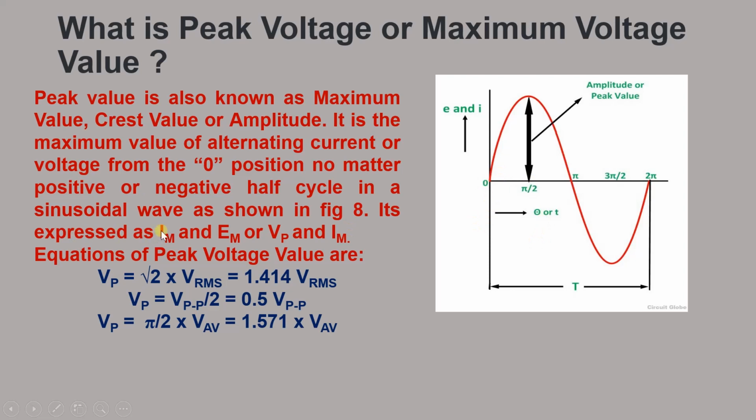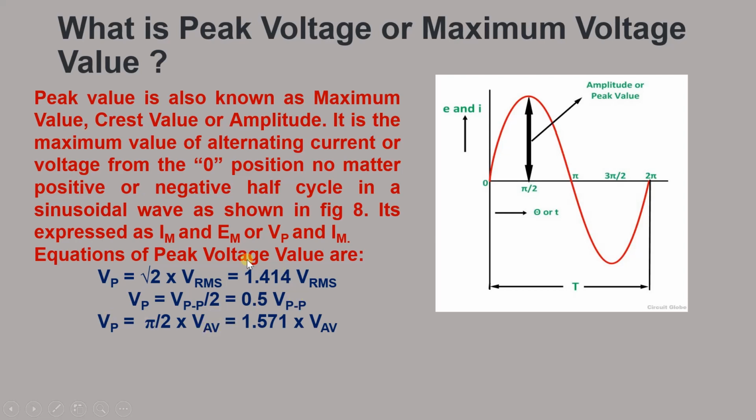It is expressed as Im or Em or Vp. Vp means V peak value, and the equation of peak voltage is Vp equals under root 2 into Vrms, which is equal to 1.414 Vrms, or Vp is equal to pi by 2 into V average.